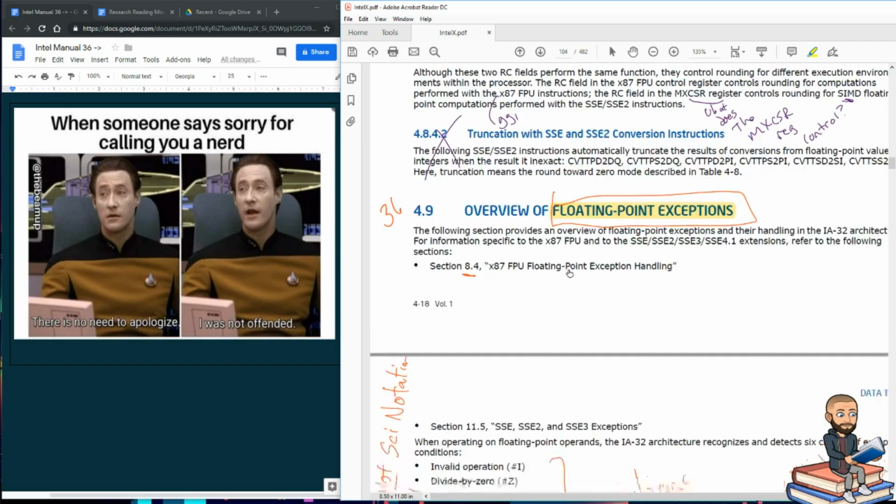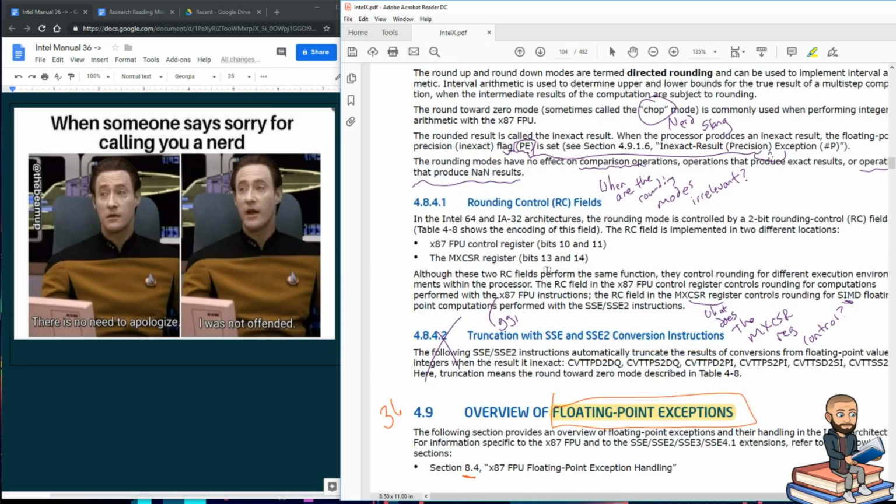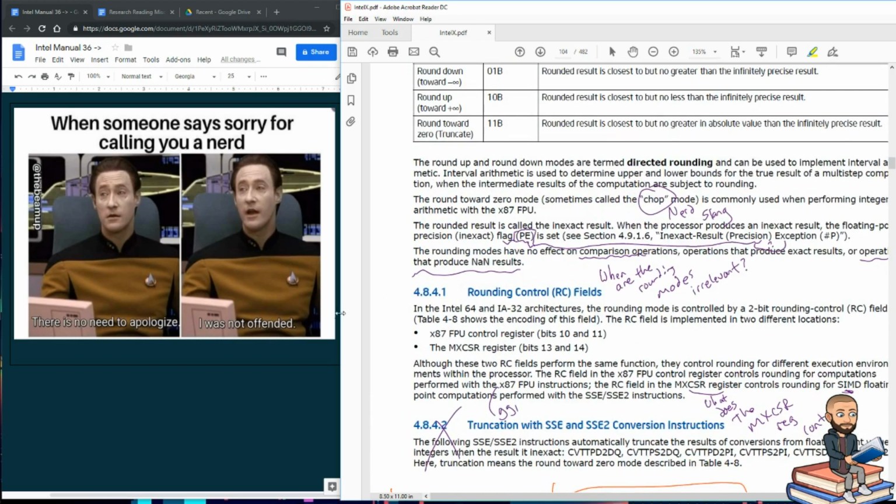Before we get started, let me explain why you are looking at a meme on the left side of my screen. Last time, in the last video about rounding, that is how the Intel manual deals with rounding floating point numbers, I made a joke about this whole round towards zero concept, because apparently the Intel manual is telling us that sometimes this mode is called the chop mode.